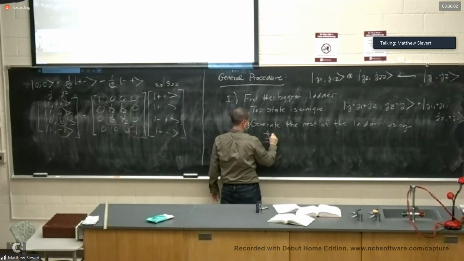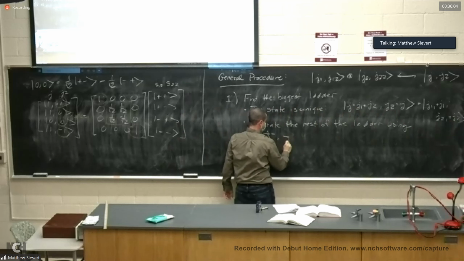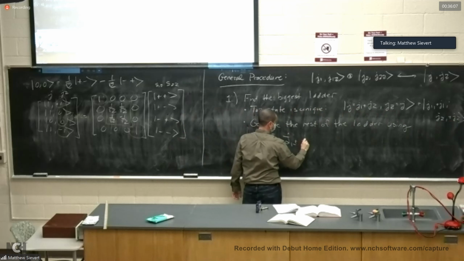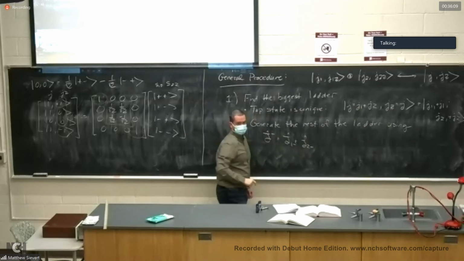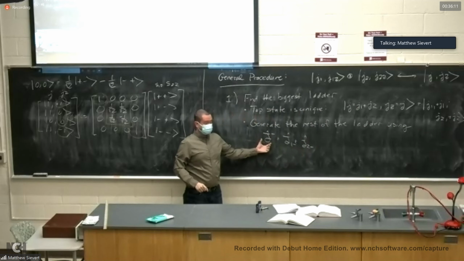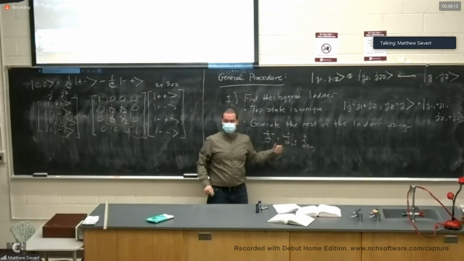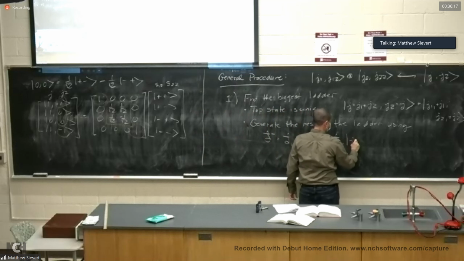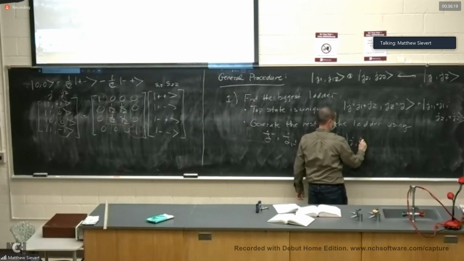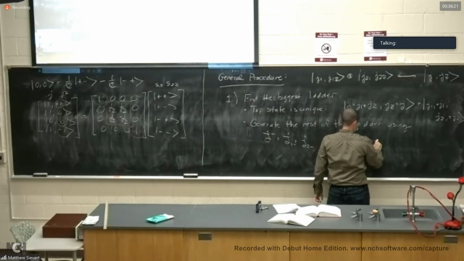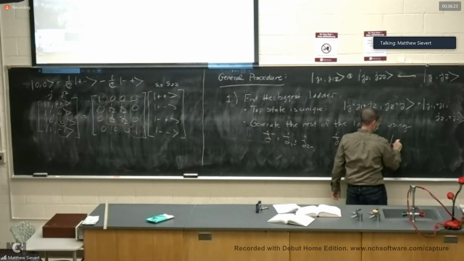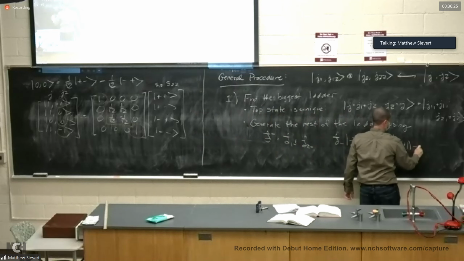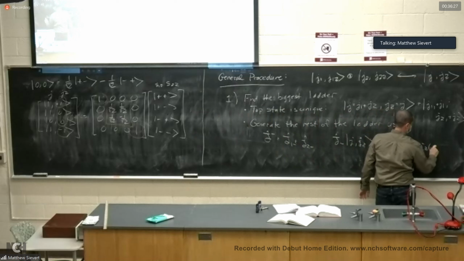That operator is J minus equals, let's call it, J1 minus plus J2 minus, lowering on the total ladder, lowering on each ladder separately, which satisfies J minus |j, jz⟩ equals ħ √(j(j+1) − jz(jz−1)) |j, jz−1⟩.